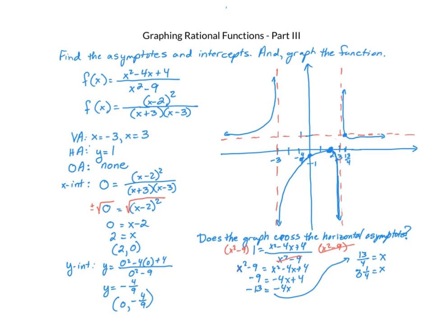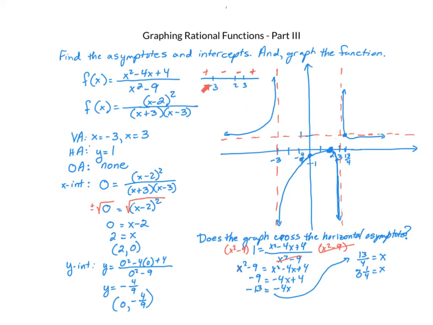I'd like to mention one more thing. Suppose you like to use the interval testing to help you determine whether the graph is above or below the x-axis. That would work great in this problem. You would have had 2, 3, and negative 3 as your critical values. You would have determined that it was above, below, below, and above. And notice that matches what we have on our graph.